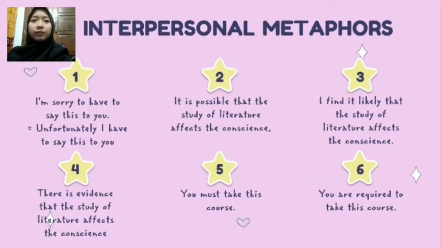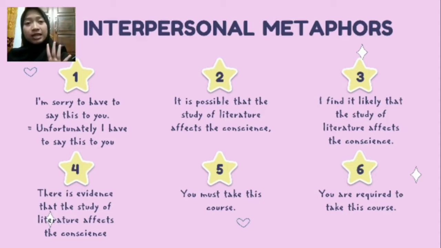Another example, the first is: I'm sorry to have to say this to you. This means: unfortunately, I have to say this to you. And the second: it is possible that the study of literature affects the conscience. The third is: I find it likely that the study of literature affects the conscience.